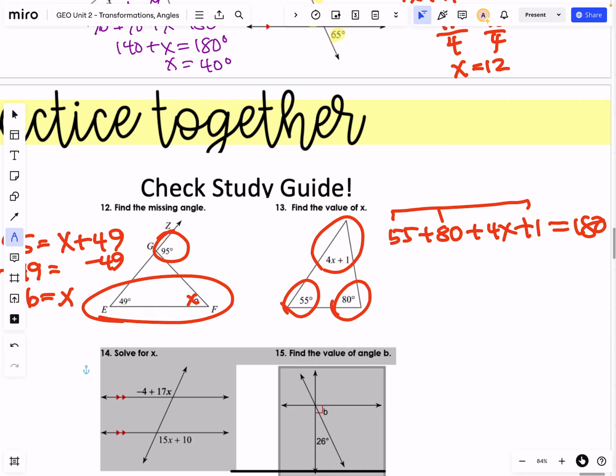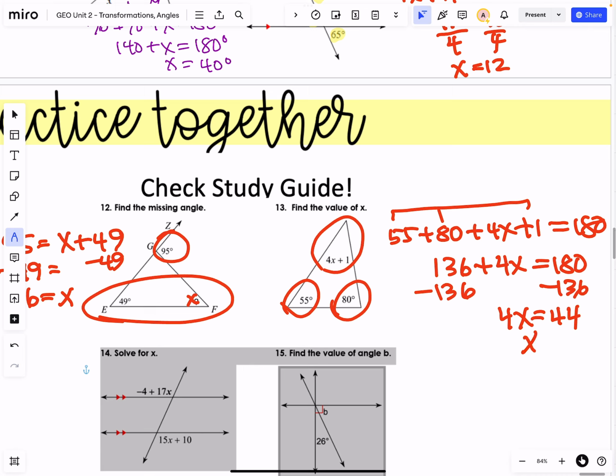If I add them all together, I've got, let's see, 56 and 80 is 136 plus 4x equals 180. Subtract the 136. And we get 4x is equal to 44. So x is equal to 11. That works out just fine.